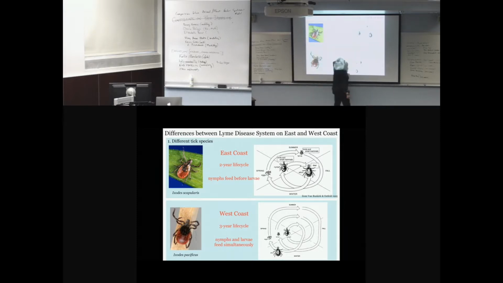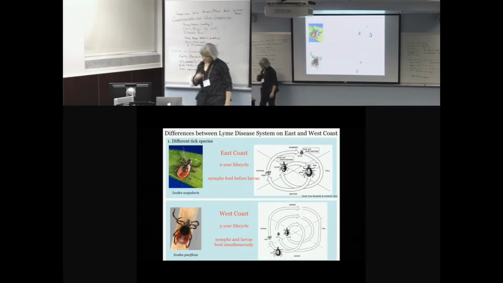In particular, it has a two-year life cycle in the east, and the nymphs each year emerge before the larval stage. So the nymphs, which can already be infected, emerge. They can spread the pathogen to the young, vulnerable rodents out there. And later, when the larvae emerge in the summer, they can pick up the pathogen.